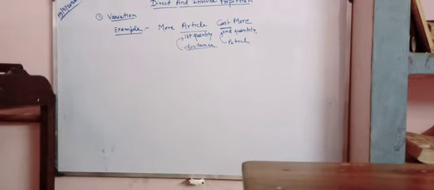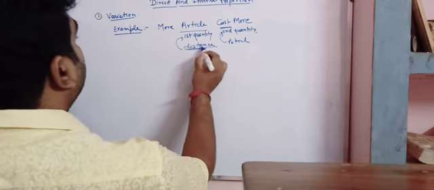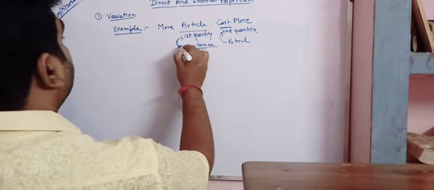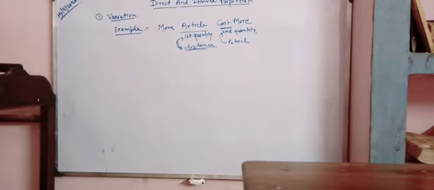Understand that? So we can say that if these two quantities are interrelated to each other, then this is called the variation. I have told you the definition.